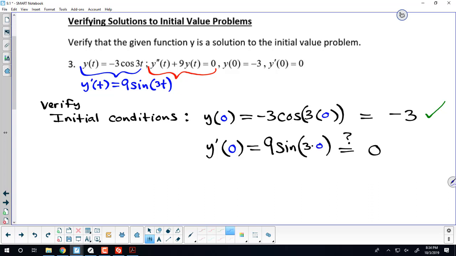So it's 9 times the sine of 0, which is 0. So the initial conditions are satisfied. Verified those. We'll verify the differential equation the same way we verified the previous ones.